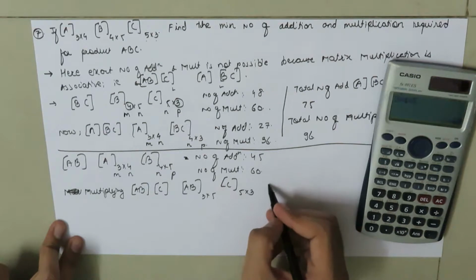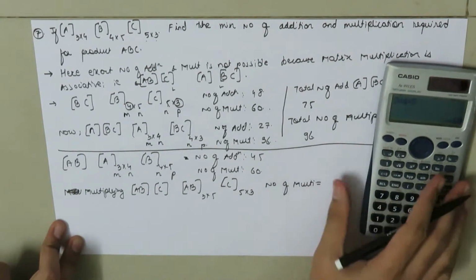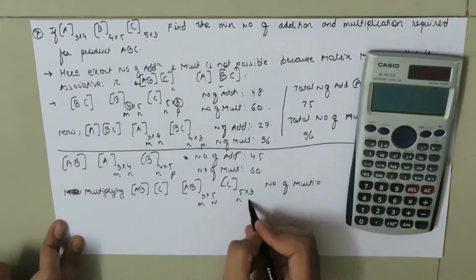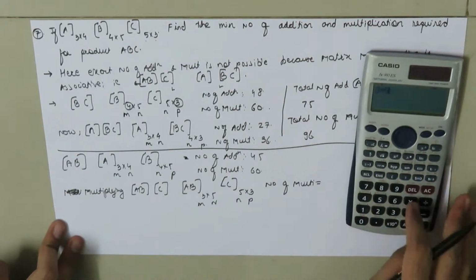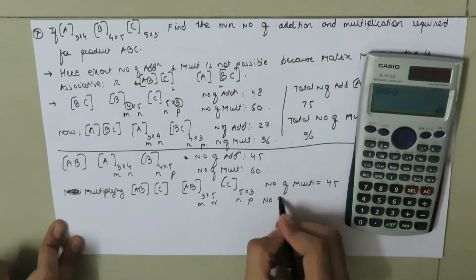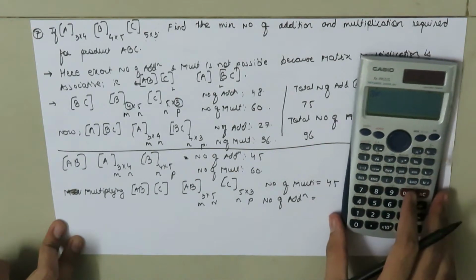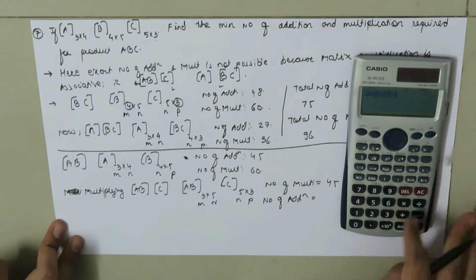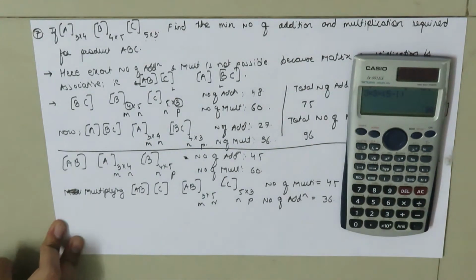So in this case, this is M, N, N and P. The number of multiplications will be M into N into P, that is 45, and the number of additions will be M into P into N minus 1. This will be equal to 36.